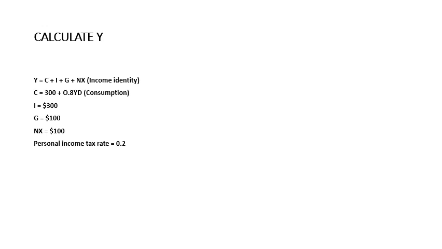Calculate Y. We start off by putting together the model equation. So what is the model equation? It's made up of a numerator and a denominator. In the numerator, we have autonomous C plus autonomous I plus autonomous G plus autonomous net exports.